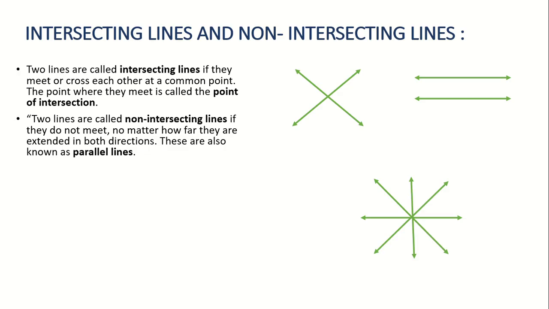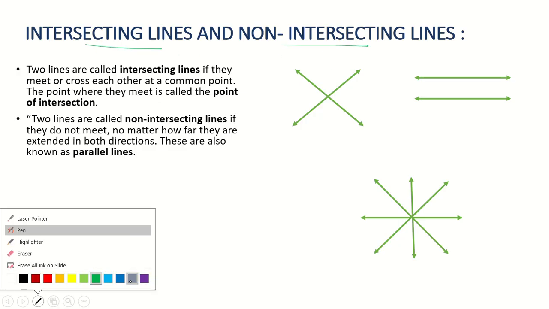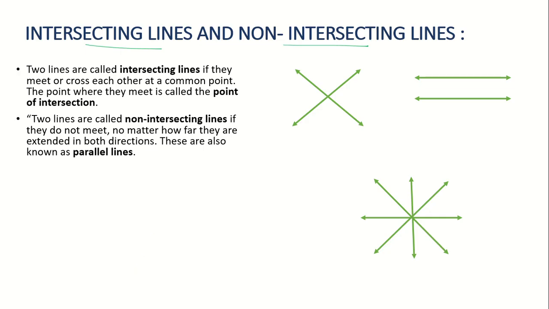Coming to lines, we have intersecting lines and non-intersecting lines. Let's see what these are. Intersecting lines are lines that meet or cross each other at a common point.